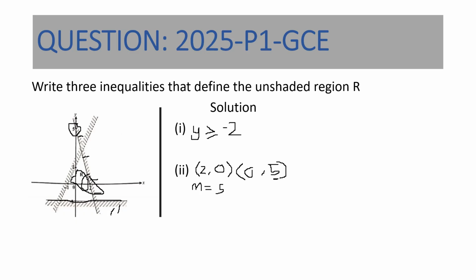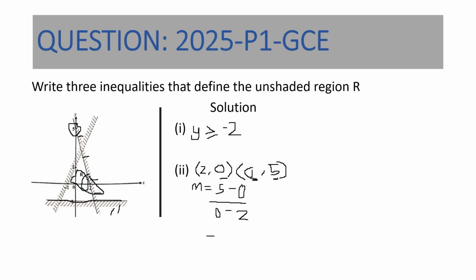Then 0 on the other coordinates will be my y1. So 5 minus 0 over the x2. If we got 5 as our y2, then 0 here will be our x2. So it will be 0 minus 2 there, which is our x1, since 0 was our y1.